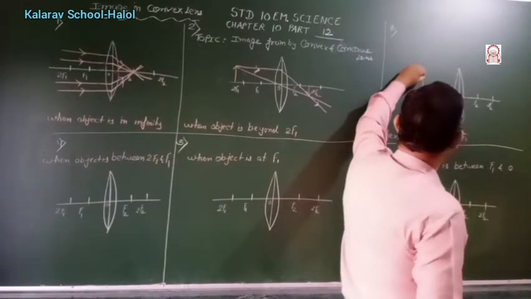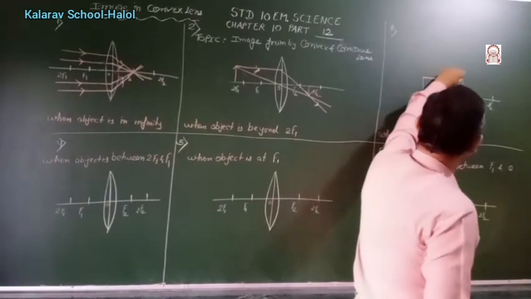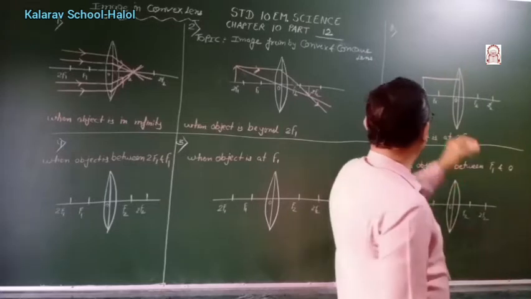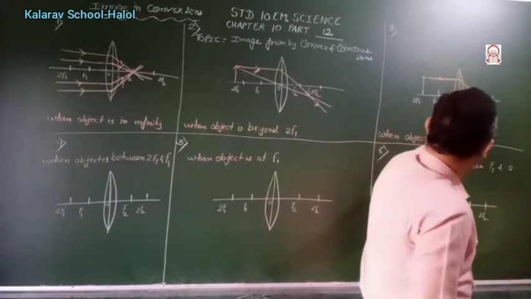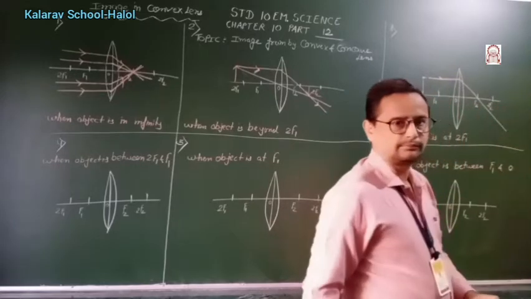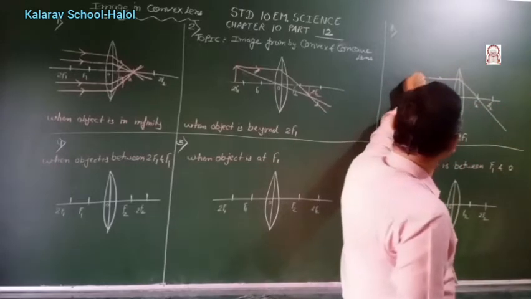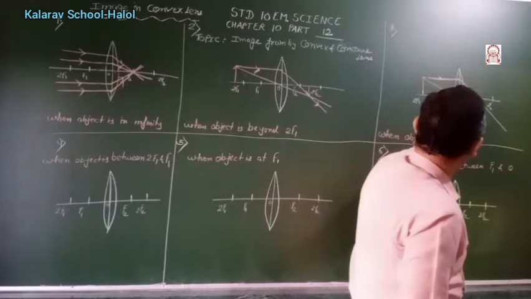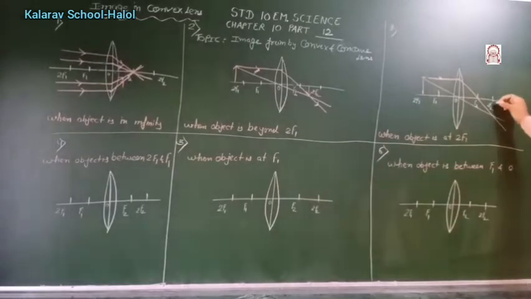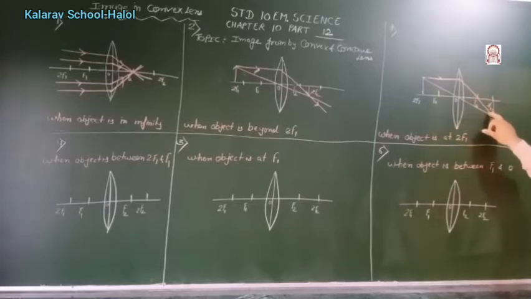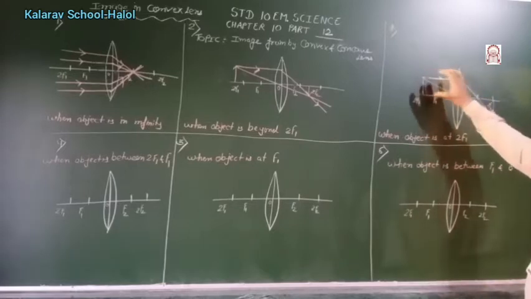One line will pass from here, parallel to the principal axis, and pass through the focus, and another line will pass through the optical center. In this situation the image will be formed at 2f2, and its size will be equal to the object.